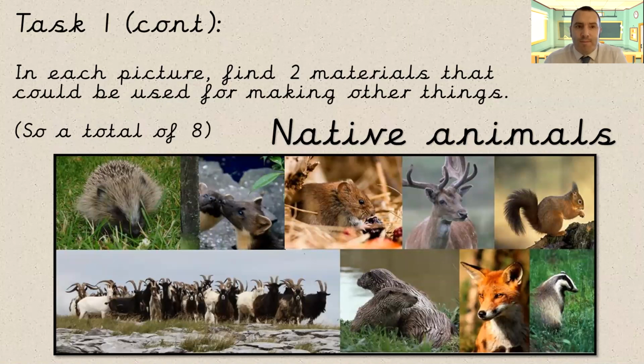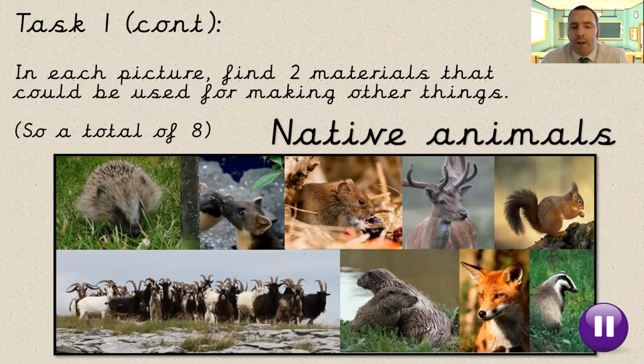Native animals. Pause here to see if you can work out some ideas. Fur is one of them. We can make clothes out of the fur. And the horns and antlers can be used to make lots of different things.